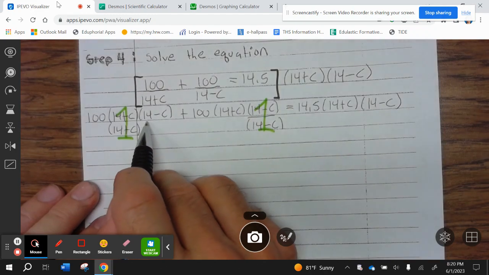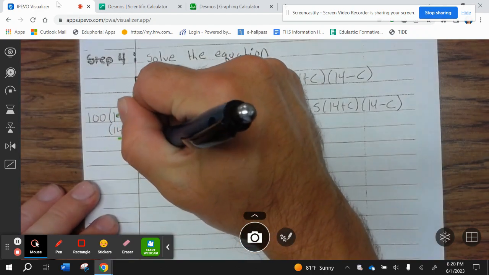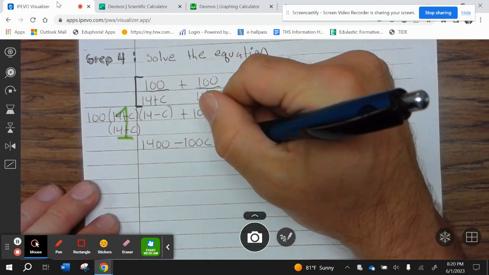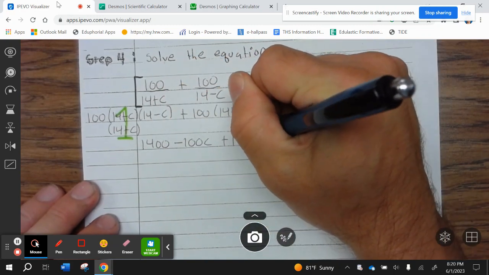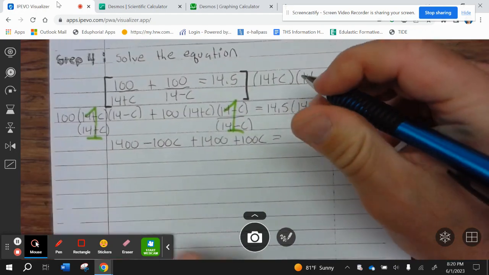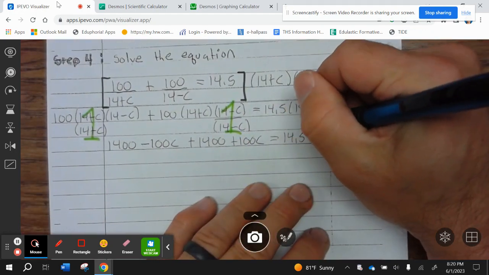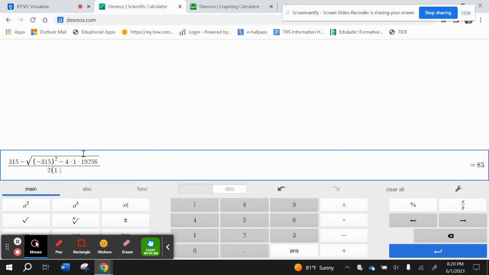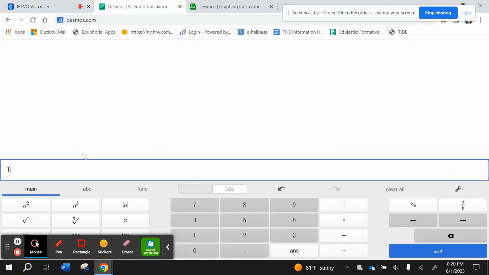100 times 14 is 1400 minus 100C plus 1400 plus 100C equals 14.5 times 14 times 14, I don't remember what that is. It's 196.